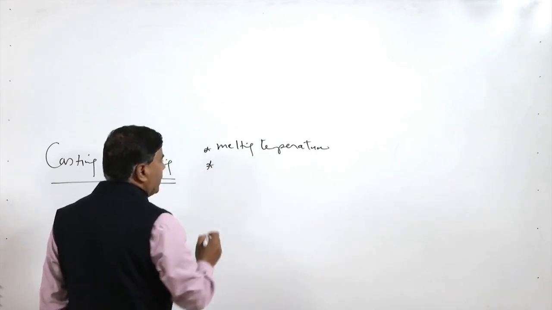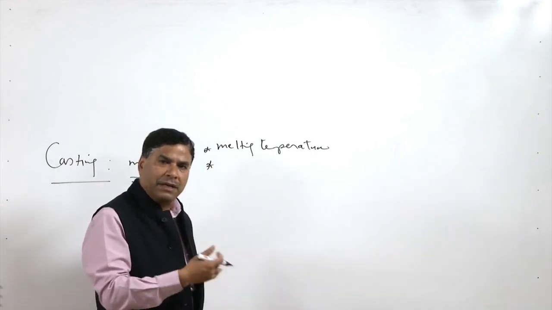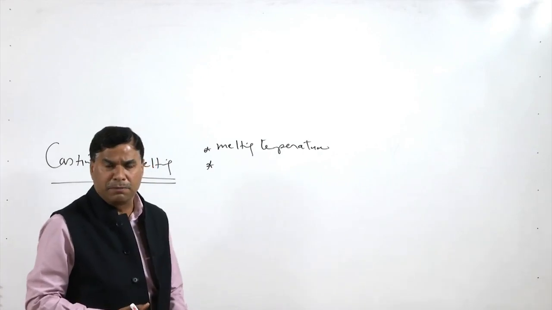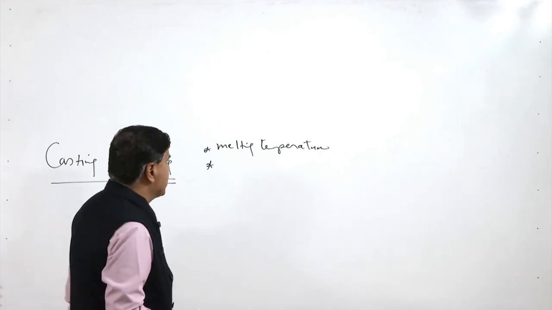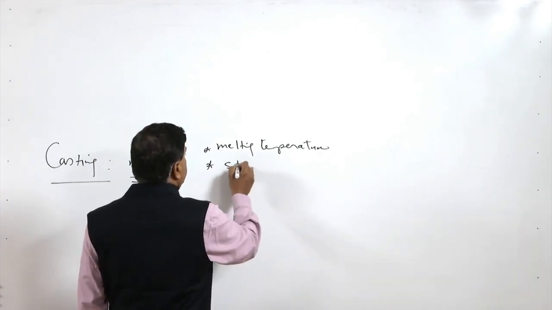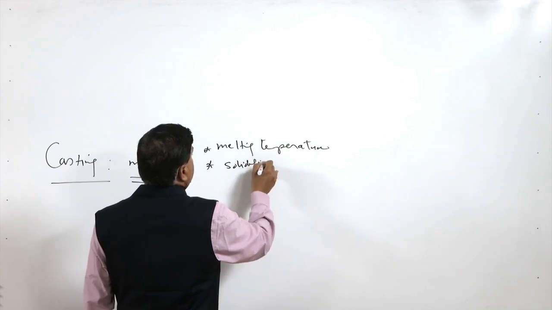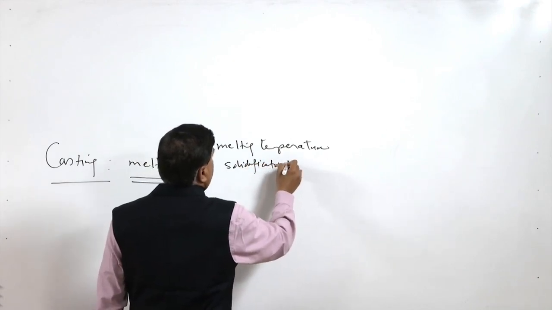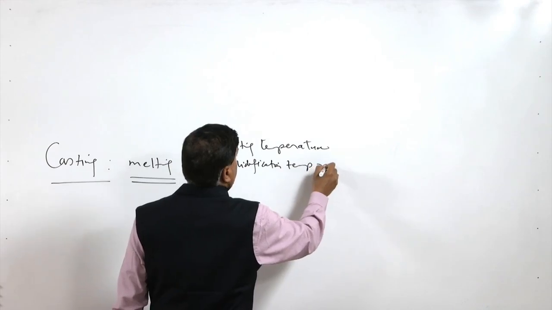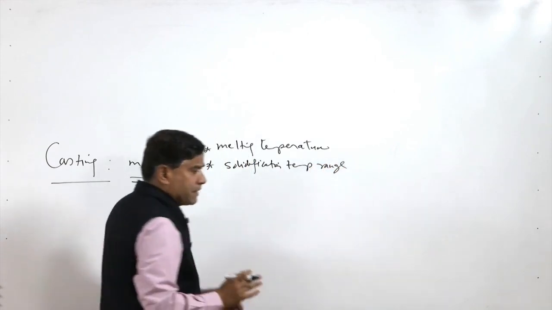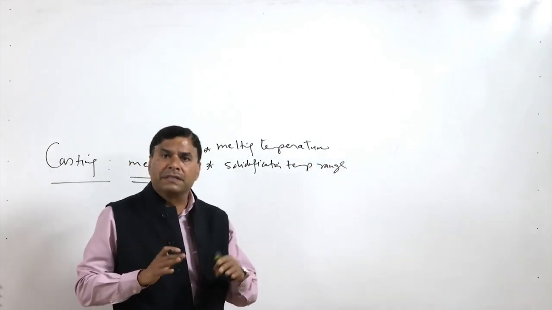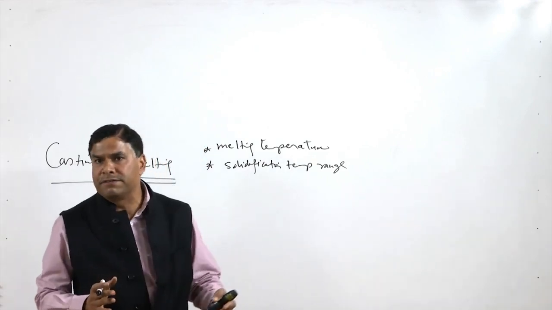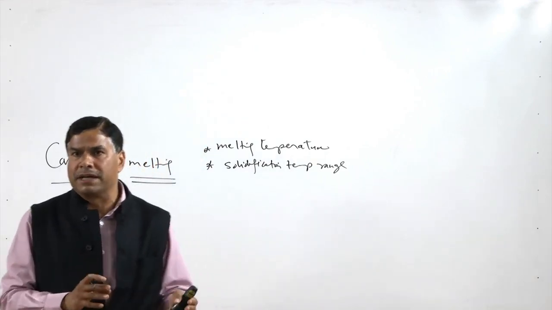So, low melting point materials like aluminum and magnesium are easier to process, and cast iron is easier to process as compared to the steels. Now, coming to the solidification temperature range. Metal systems having a wider solidification temperature range will show a greater tendency for segregation.